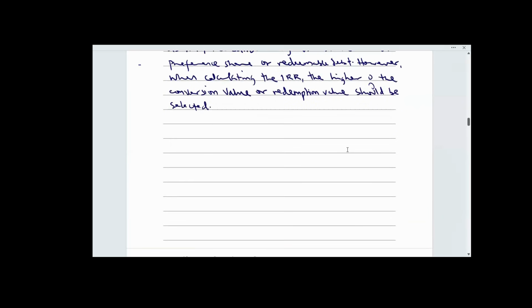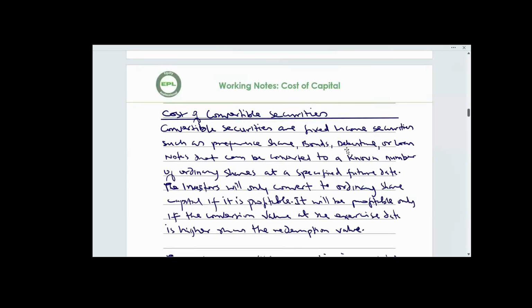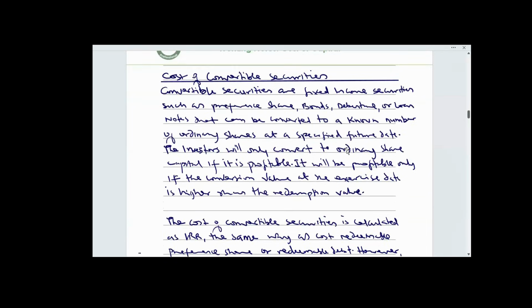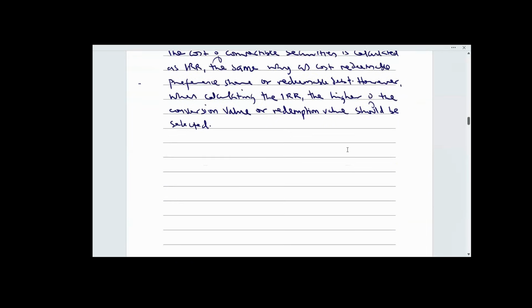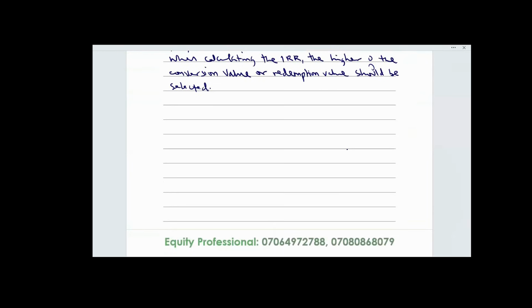Okay? Now, before we do calculation, let's talk about market value of convertible securities. What is the market value of convertible security?